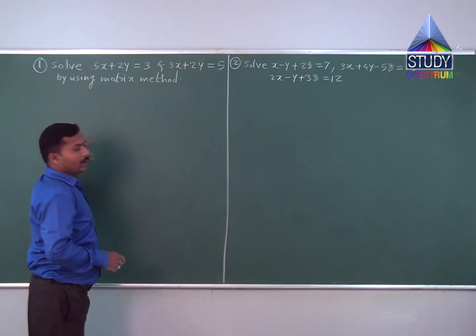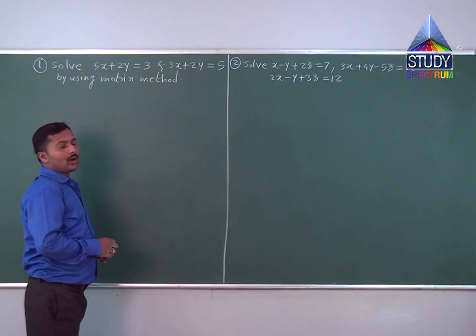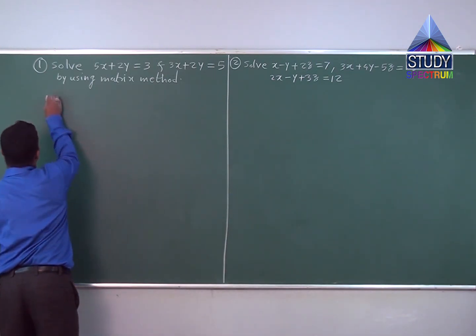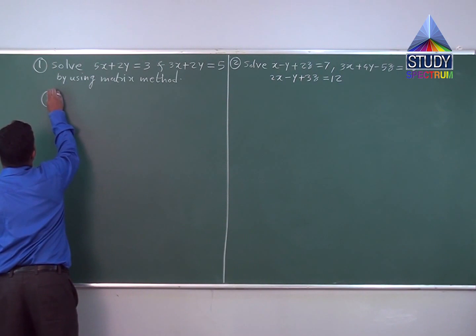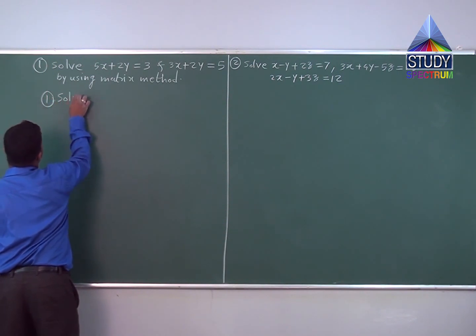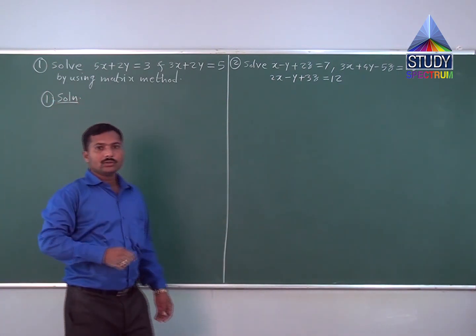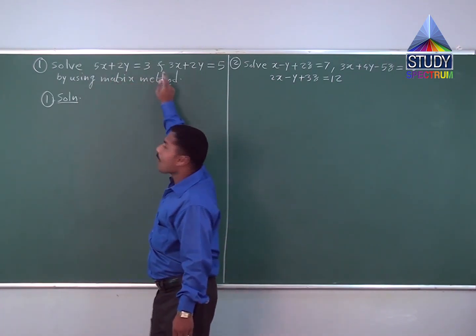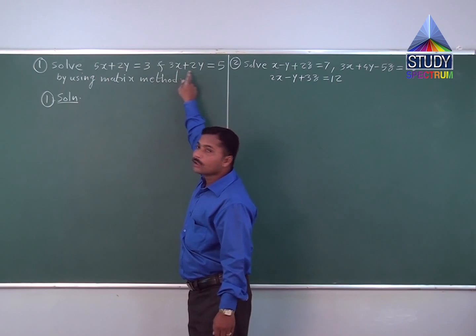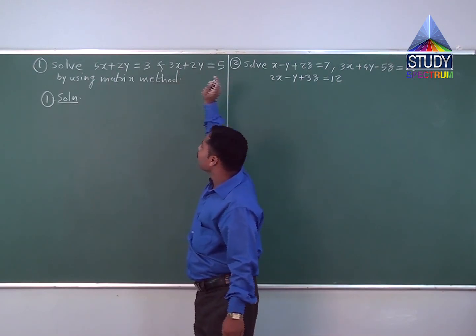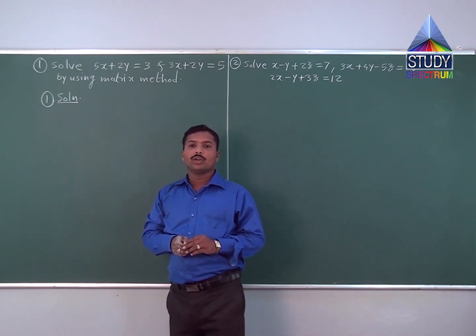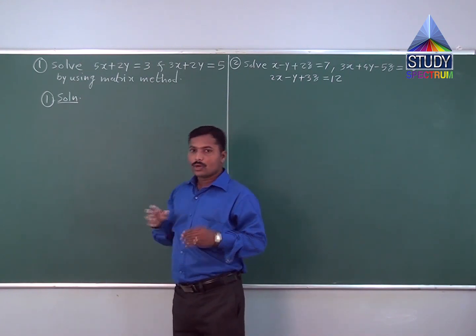So we discuss two problems on the solution of simultaneous equations. The first problem is given. Solve 5x plus 2y equal to 3 and 3x plus 2y equal to 5 by using the matrix method.